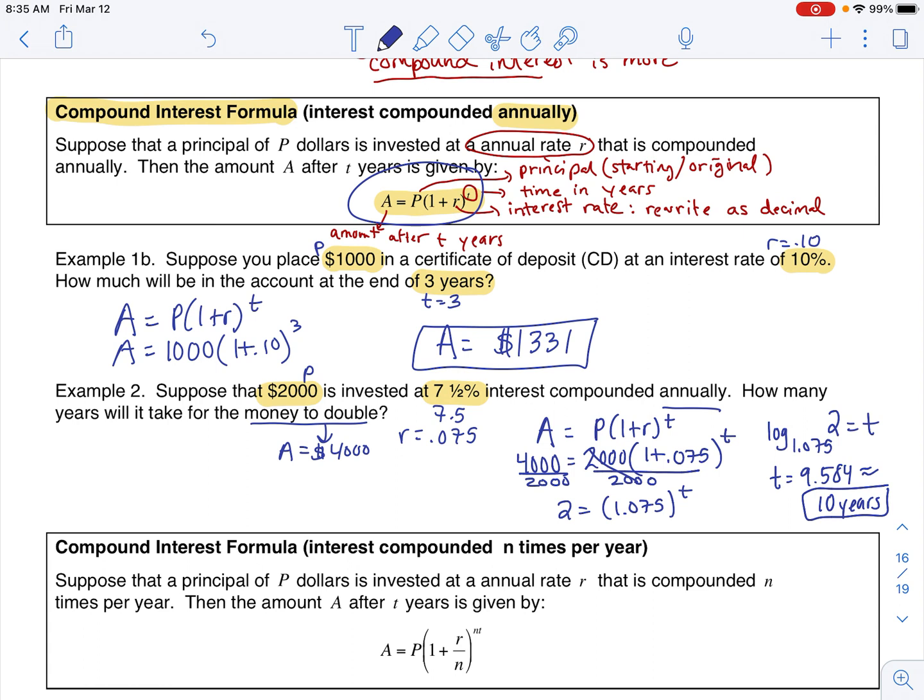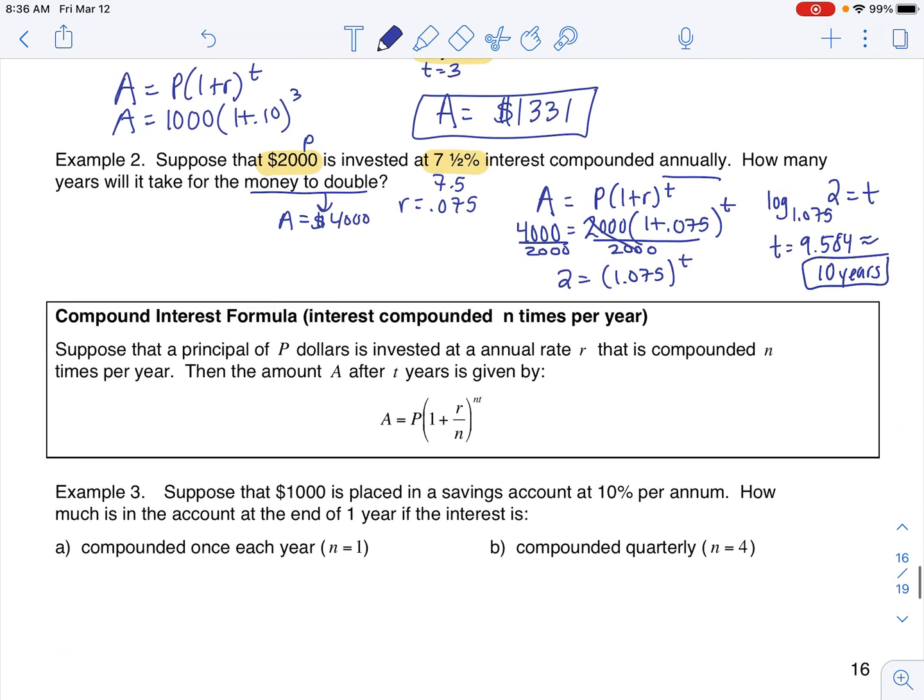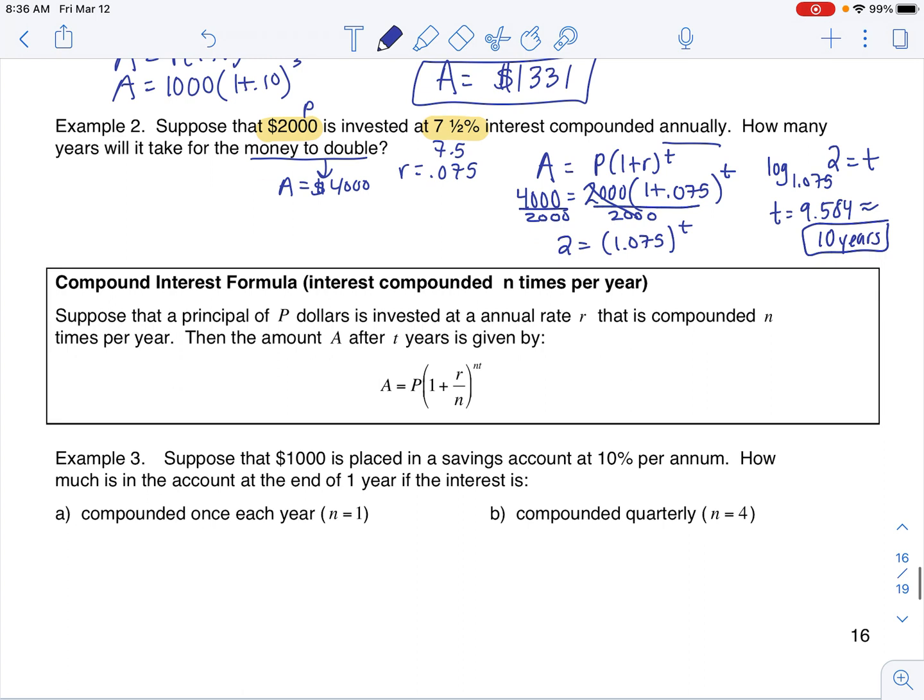Now, what if we're not compounding it annually, but we're compounding it at different points throughout the year? Well, you're going to make more money, right, if it compounds every month instead of once a year, or if that interest compounds every day, right, or something like that. So there is a change to this formula if we're looking at interest compounded at n times per year.